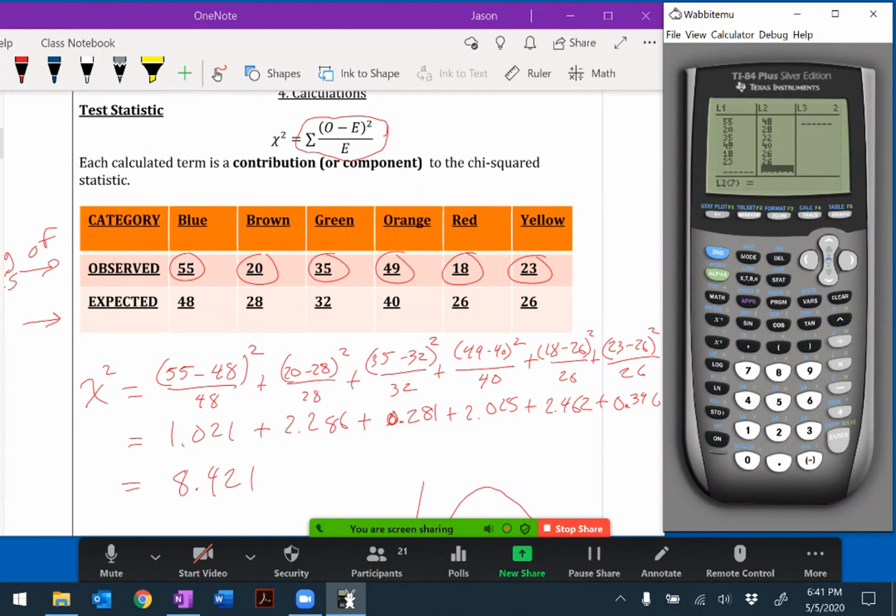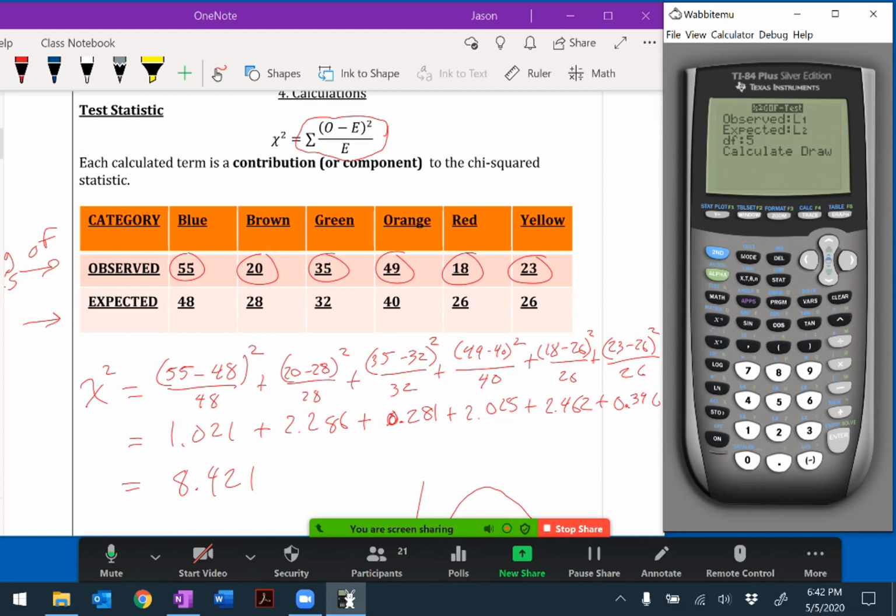Observed and expected. Let's go to stat, over to tests, and all the way down to chi-square goodness of fit test. Don't do chi-square test, that's different; it's chi-squared GOF, goodness of fit. It asks what your observed is: L1. What is your expected: L2.